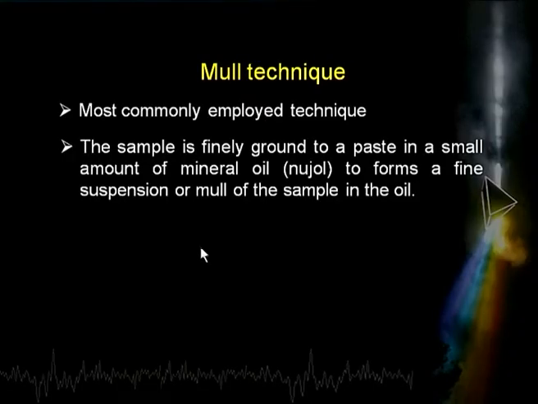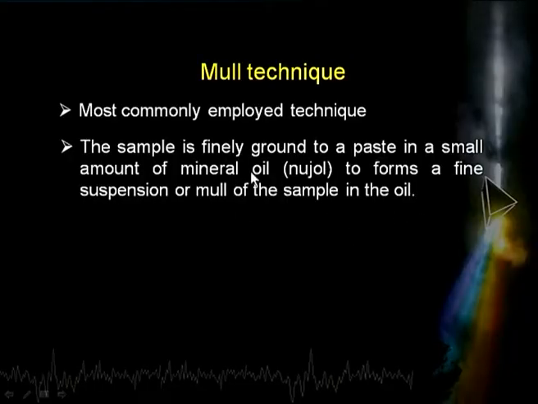The mull technique is one of the commonly used techniques. In this case, we take a sample and grind it very finely. That means you take a pestle and mortar and make a very fine powder, and then mix that with mineral oil called nujol, and mix it so well that you form a paste.